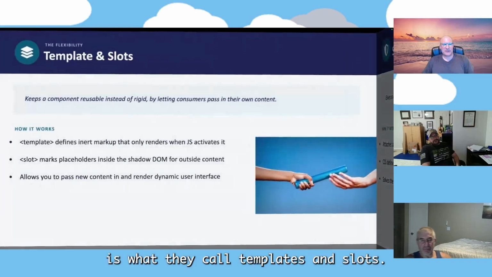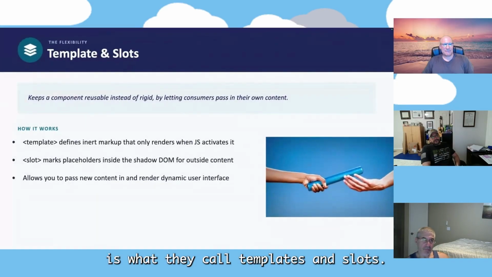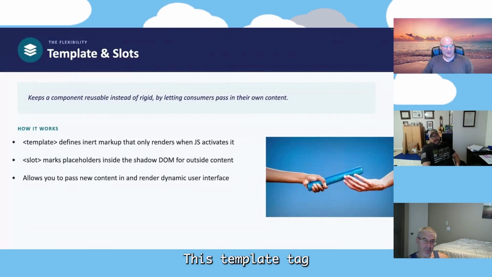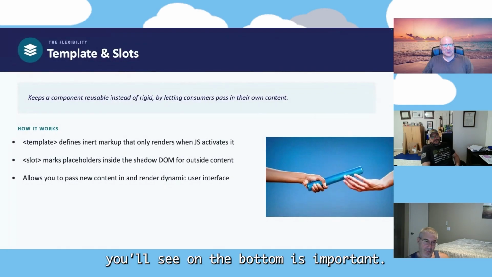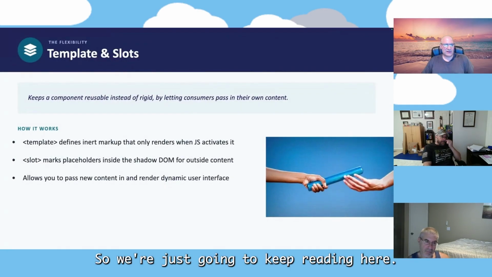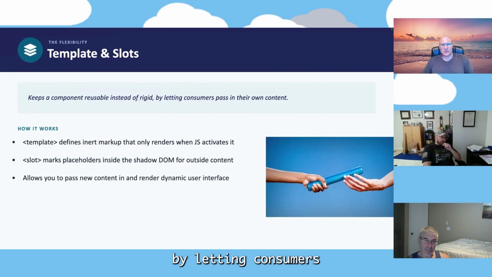Another big part of it is what they call templates and slots. This template tag, you'll see it on the bottom, is important. So I'm just going to keep reading here. It keeps a component reusable instead of rigid by letting consumers pass in their own content. So it's dynamic. This template defines inert markup that only renders when the JavaScript activates it.